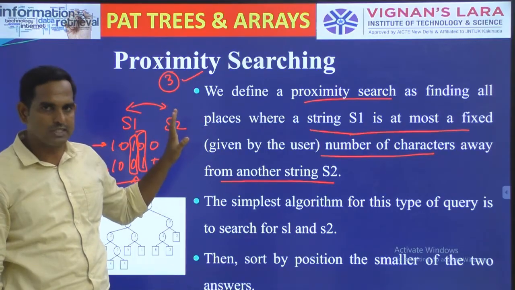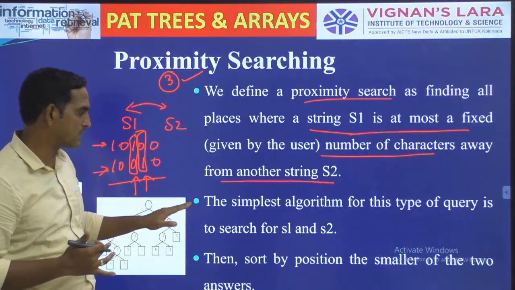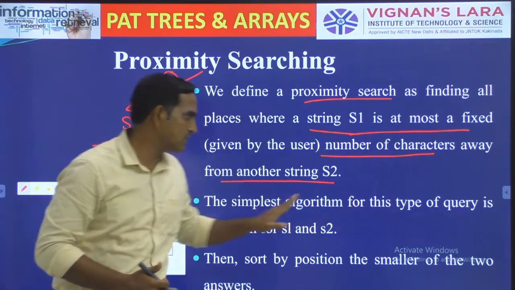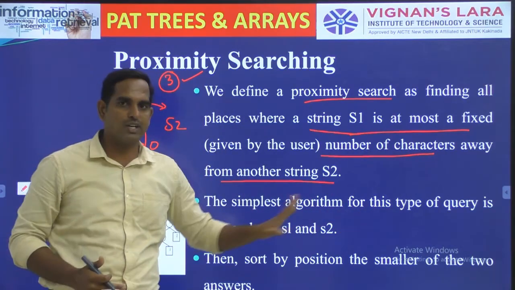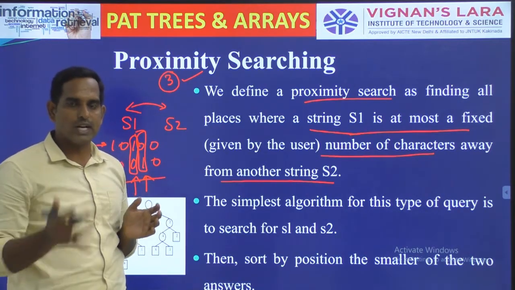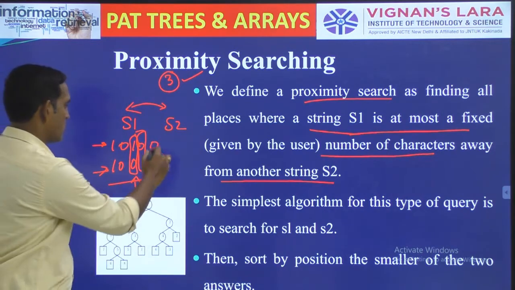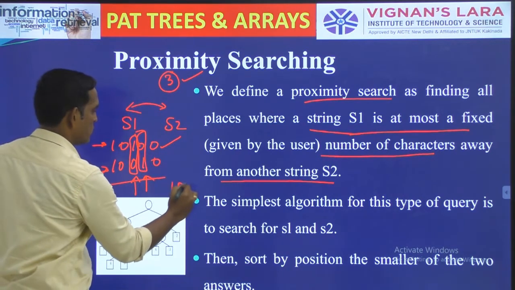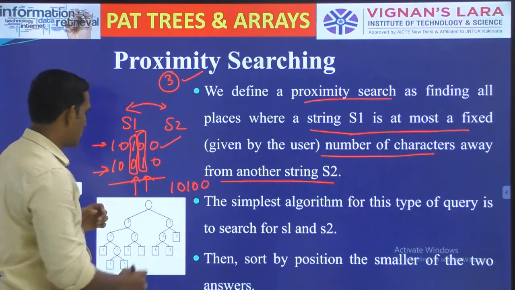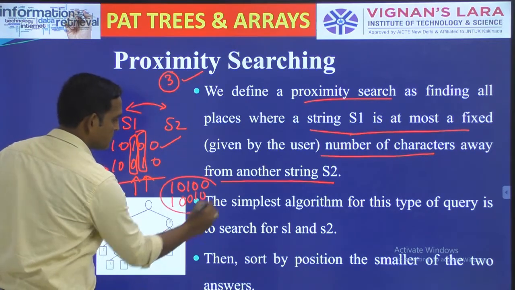So how can you perform this? This is a proximity search. How can you perform proximity search in your particular patterns? The simplest algorithm for this type of query is to search for S1 and S2. That is, you have to search for where the S1 string is present, where your 10100 is present, and you have to search for where 10010 is present.